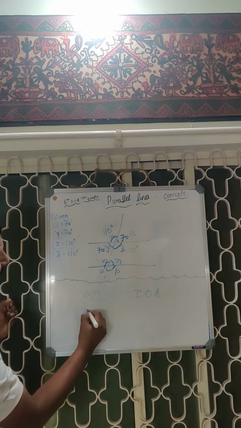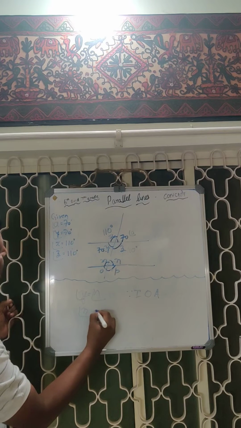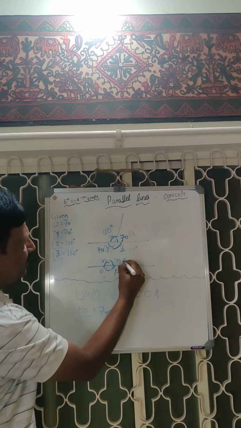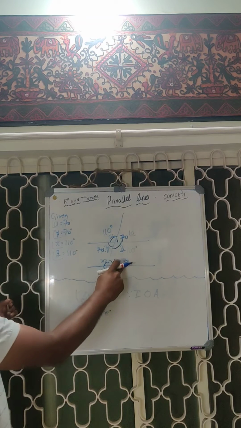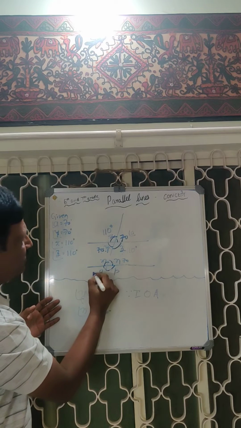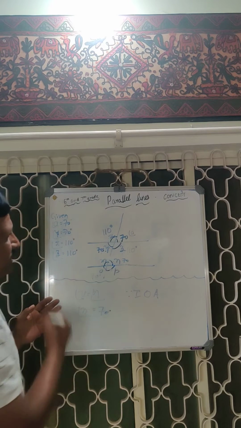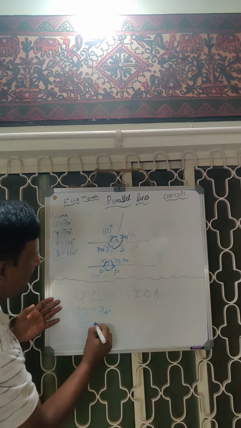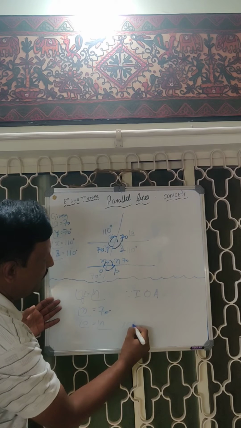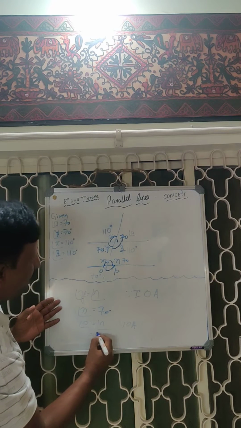Therefore n becomes 70 degrees. Once you know this 70 degrees, then automatically the vertically opposite angle O will also be 70 degrees. So O is equal to n, that is vertically opposite angle. Therefore O will be equal to 70 degrees.